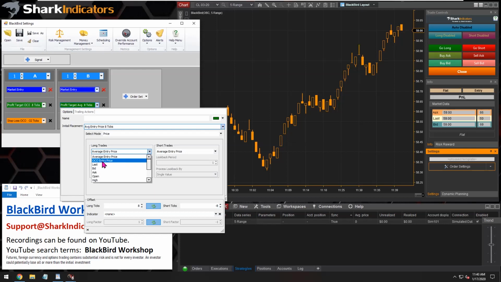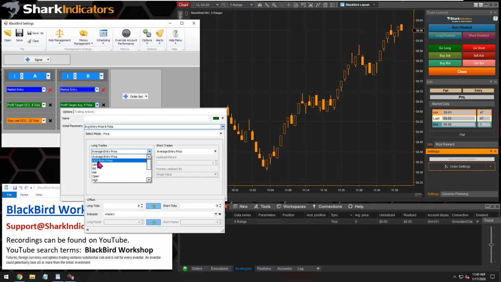Now the OCO, or basically, maybe we should probably rename this to order set entry price. But the OCO entry price is the entry price for this profit target's entry order.